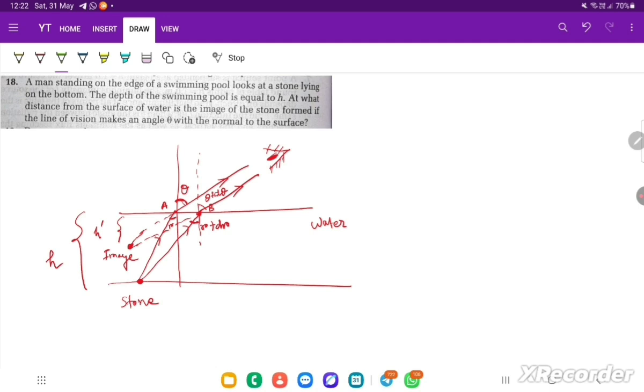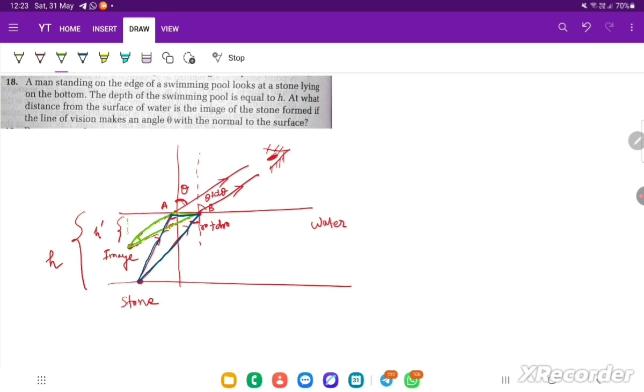And then I am showing you two triangles. This one is one triangle, and another one is this one. If I try to write this angle, what will it be? It will be d theta. Why?